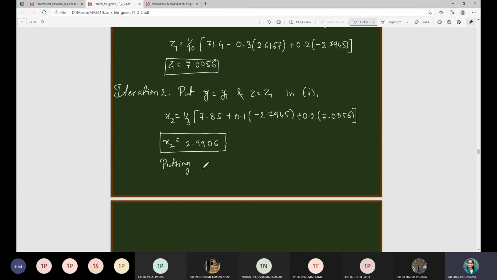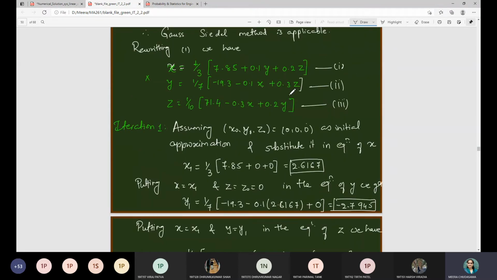So now we will consider putting, अभी y के expression को evaluate करेंगे. At that time we need to have another two variables as x and z. So putting x is equal to x2 and z is equal to, last evaluated value is z1, so वही लेना पड़ेगा. In 2 we get, तो y2 आएगा, न्यूली approximation, and what it will be, 1 upon 7 minus 19.3 minus 0.1 into x2, that is 2.9906, right? 0.1 and 0.3 z.